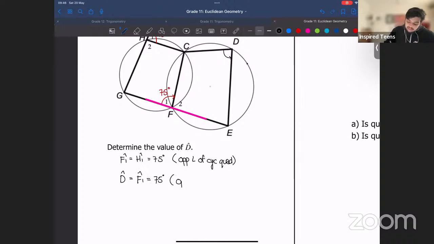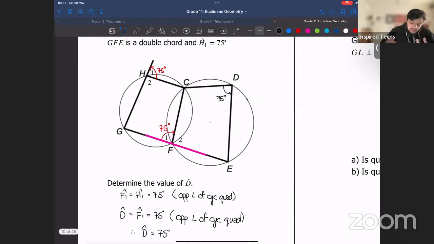And the reason is the same, opposite angles of cyclic quadrilateral. And therefore, we've proved D. So D has a value of 75 degrees. That's the quickest way to solve it.